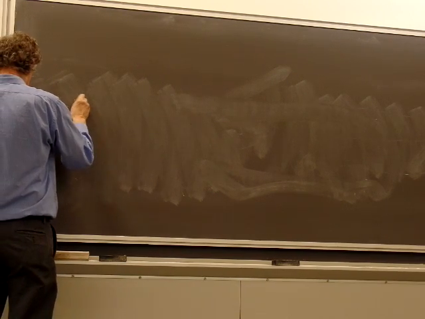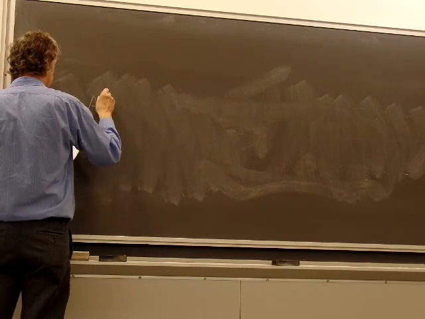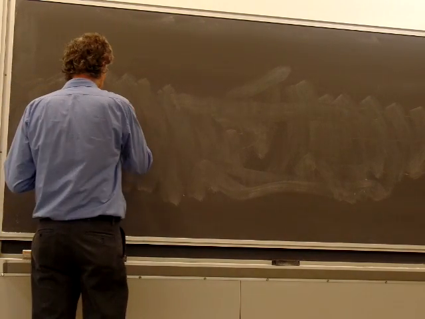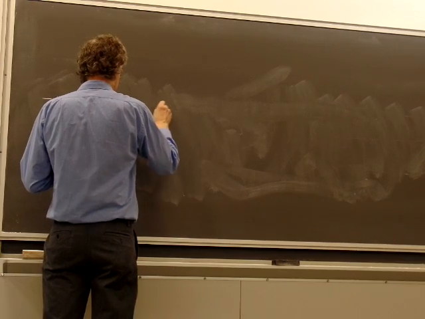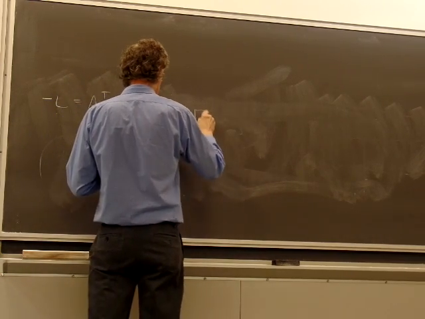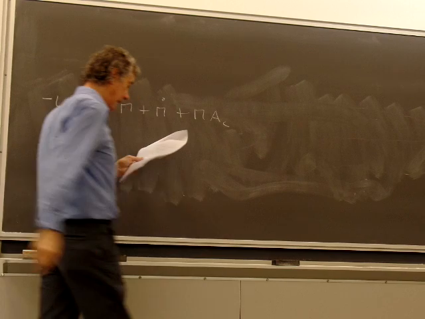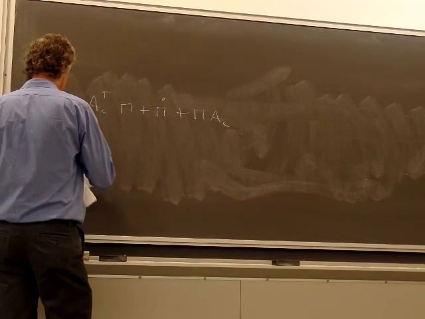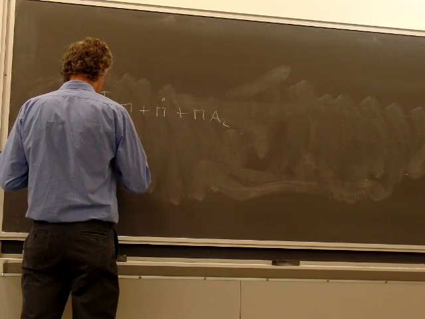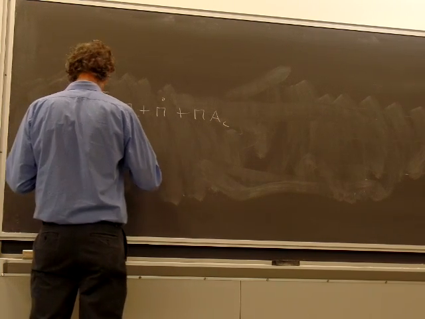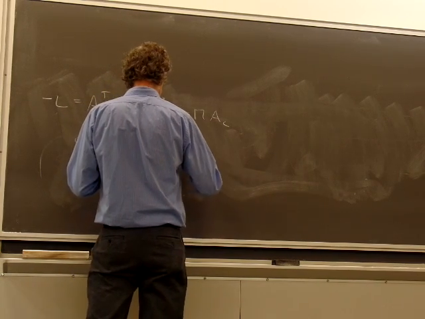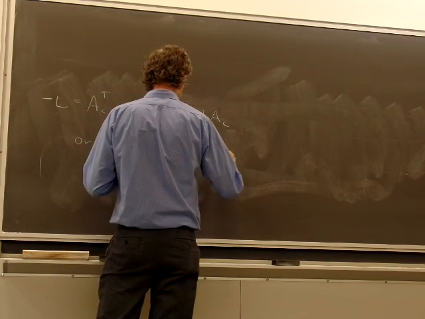That says minus L equals transpose of the closed loop A matrix times M plus M dot plus M times closed loop A matrix. Or I can say minus M dot equals M AC plus AC transpose M plus L.